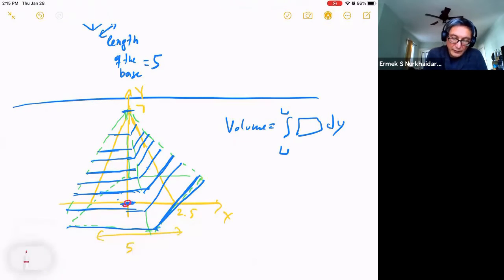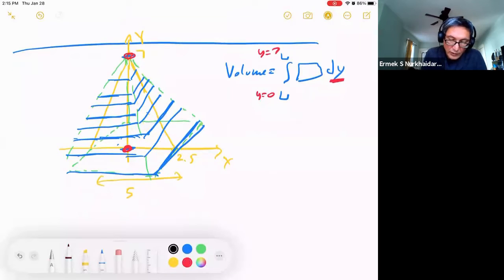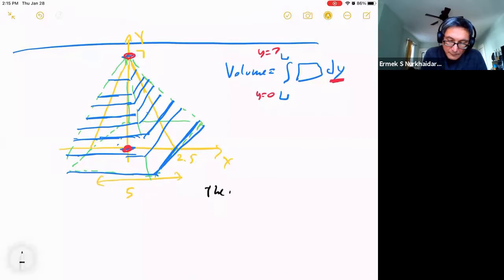I'm going to mark in red the starting and finishing positions. We start at y equals 0, and we finish at y equals 7. And we want dy because that's what we indicate. So the only thing missing is the area of cross section, and that's the only thing we need to calculate.